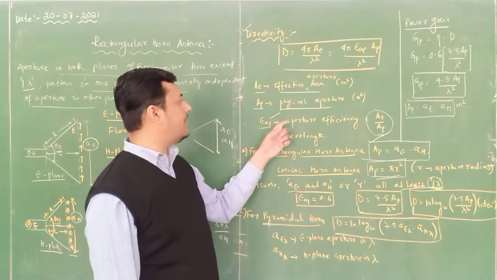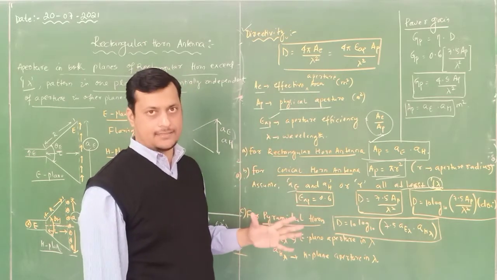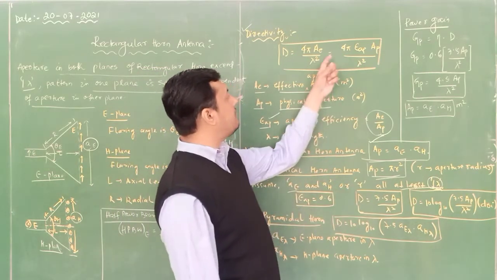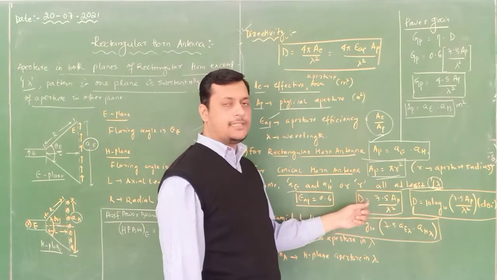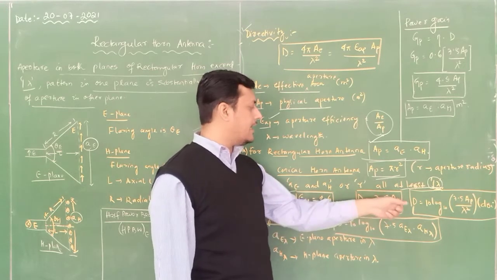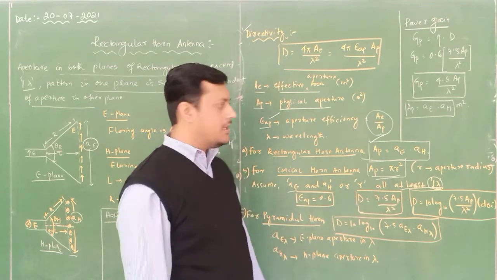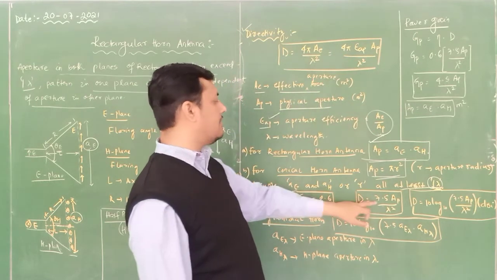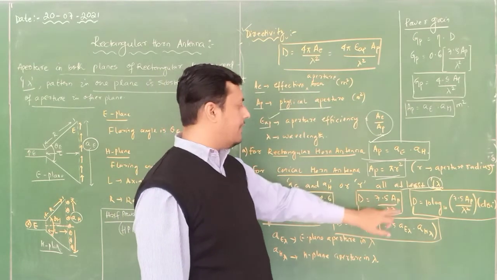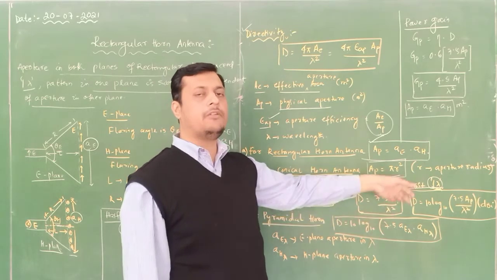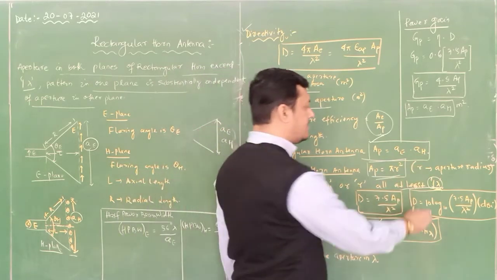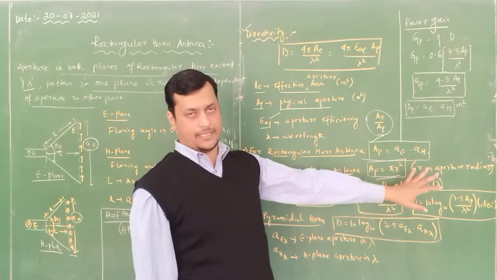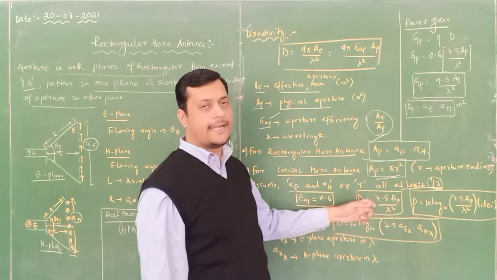If it is 0.6, substitute this value here, and you will get D equal to 7.5 AP by lambda square, since 4 pi into 0.6 gives 7.5. Now you need to represent it in decibels, so it is 10 log base 10 of 7.5 AP by lambda square dBi. Okay, so this is my directivity.